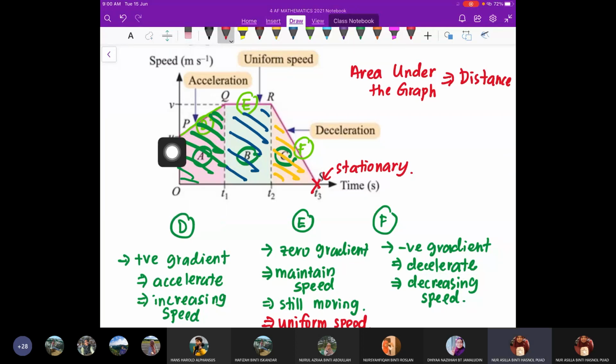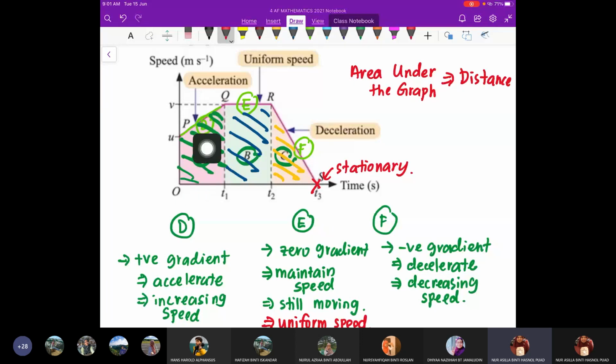Dia start accelerate sehingga satu point ataupun satu masa iaitu T1 dan dia maintain speed dia. Tapi dia still bergerak. Jadi sepanjang dia tekan minyak ini, dah berapa jauh dia dah cover distance, kamu boleh dapat daripada area under the graph.